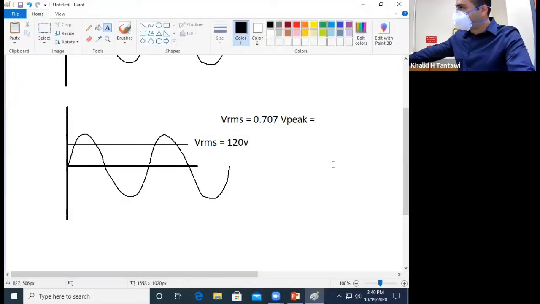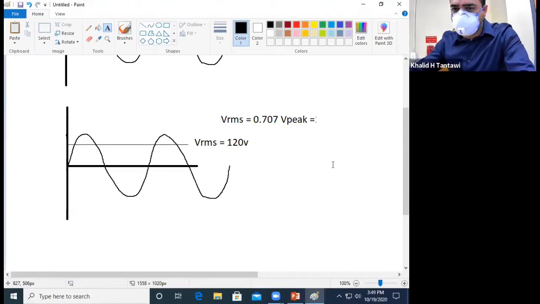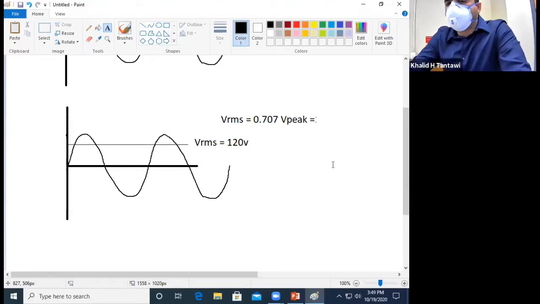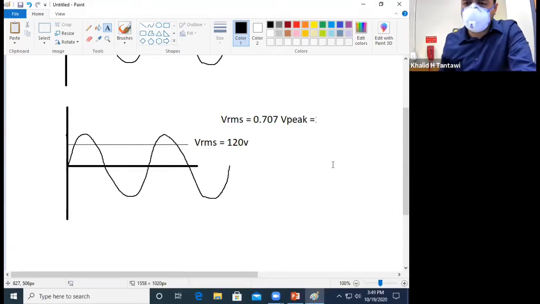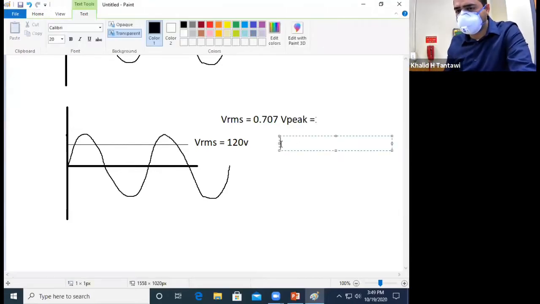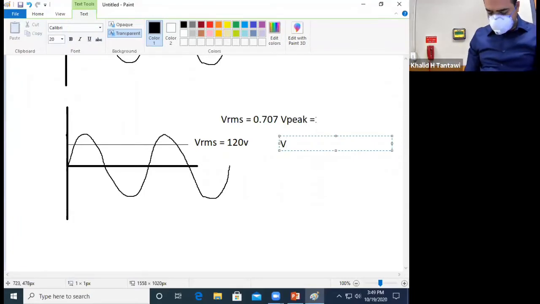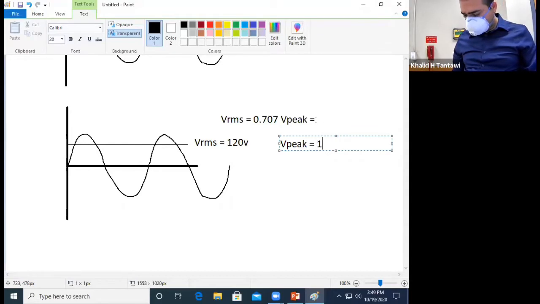This is what you have in the electric power in the US. The root mean square delivered to you is 120 volts. What is the peak voltage? 169.7. Exactly, about 170. So V peak is equal to 170 volts.